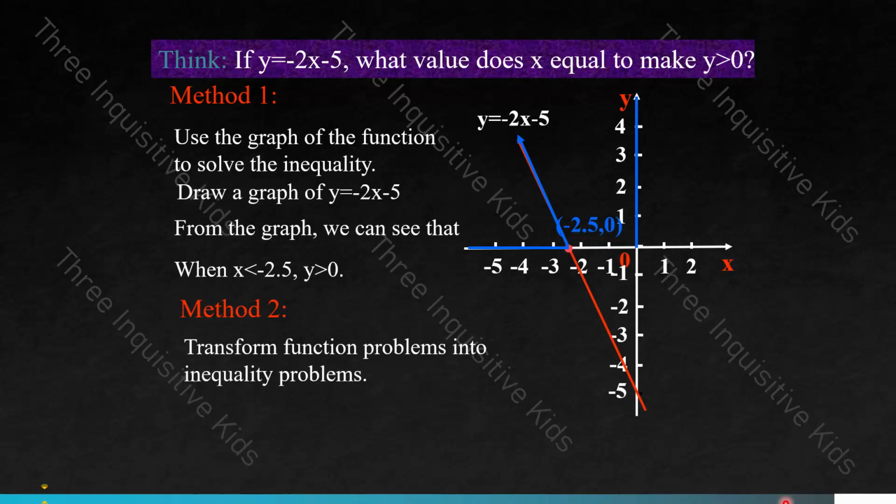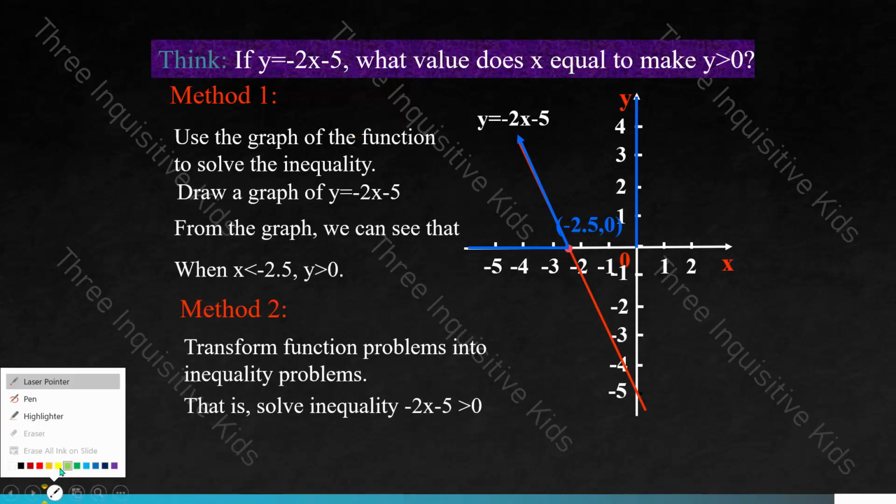But the second method is to transform function problems into inequality problems. So instead of thinking of this as a function problem, we can think of it as an inequality problem. That is, we can solve the inequality negative 2x minus 5 is greater than 0. Here what we're doing is, well, you want us to solve for x when y is greater than 0.